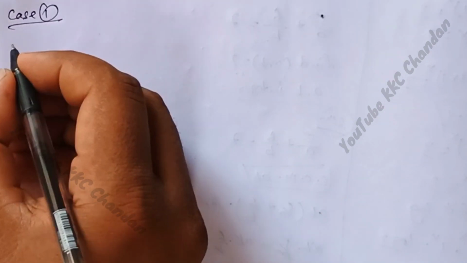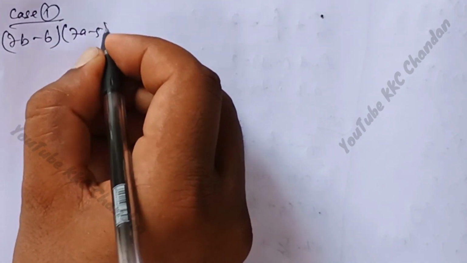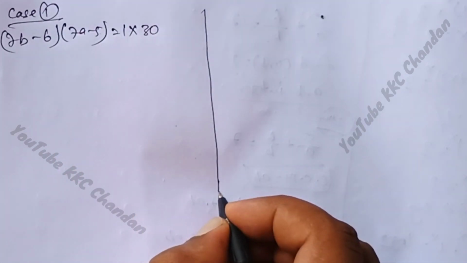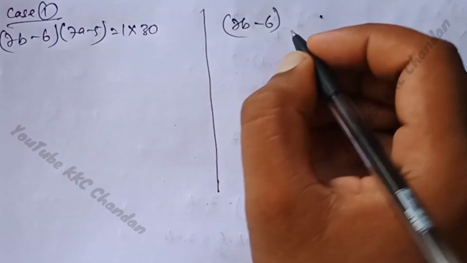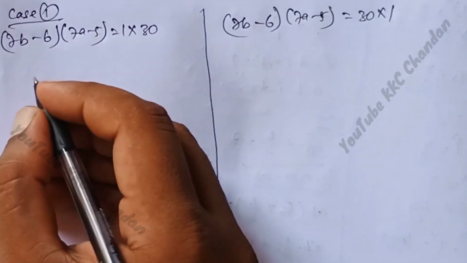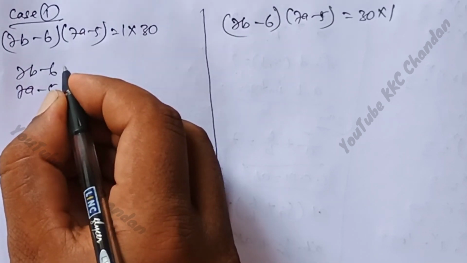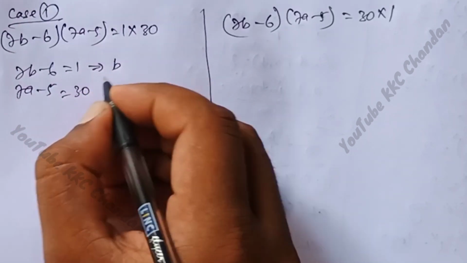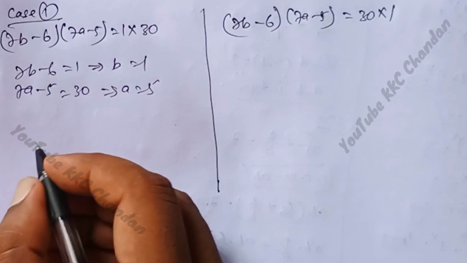Case 1. 7b minus 6 into 7a minus 5 is equal to 1 into 30. Here b value is equal to 1 and a value is equal to 5.